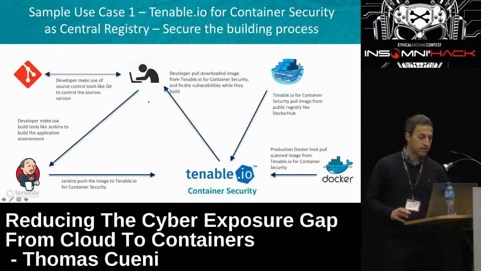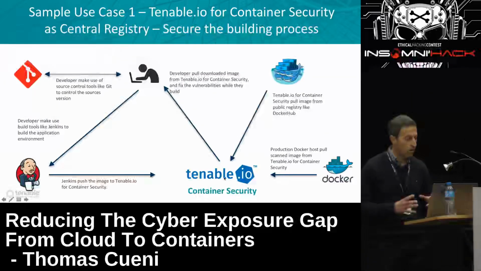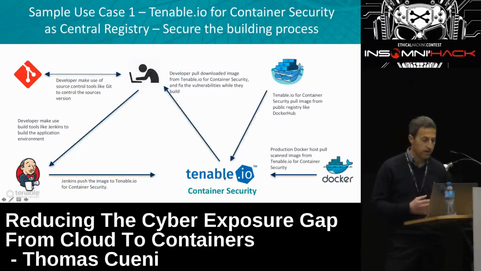So the developer works with his tools, works with Jenkins, and builds his software directly into the Tenable.io container registry, where we do all the necessary checks, as I have mentioned, malware, vulnerabilities, and so on. And in this scenario, the production containers would be deployed directly from this Tenable container registry.